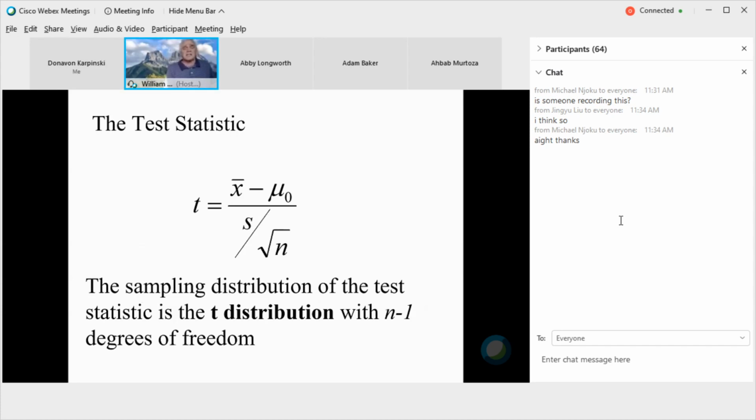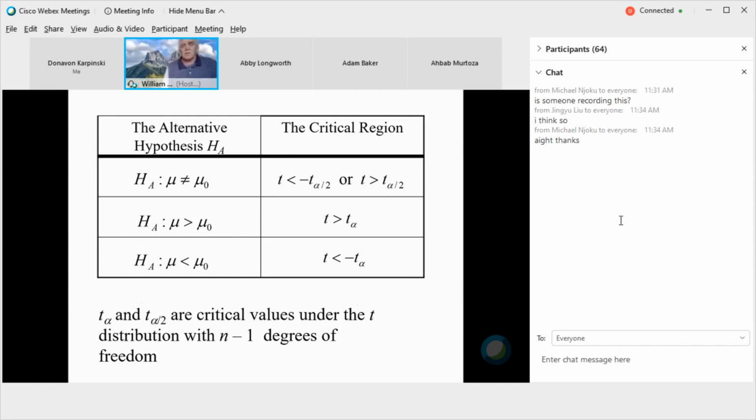The test statistic is the same as the Z statistic, except sigma is replaced by S. This statistic has a t distribution with n minus 1 degrees of freedom. So you find these critical values. These are not underneath the standard normal distribution.